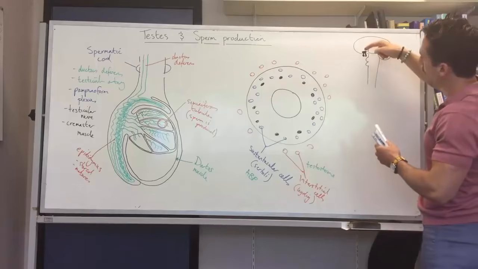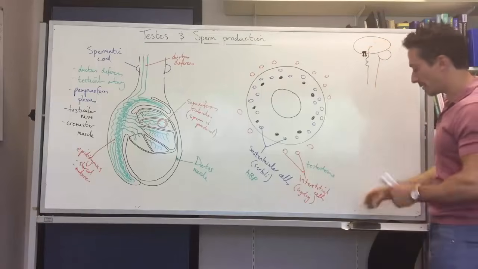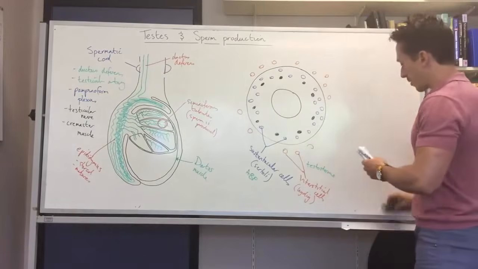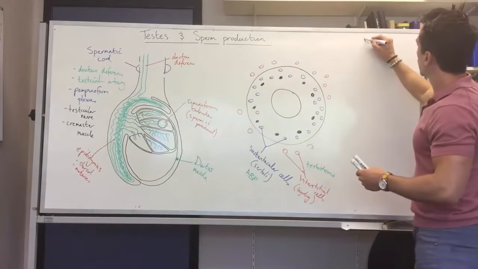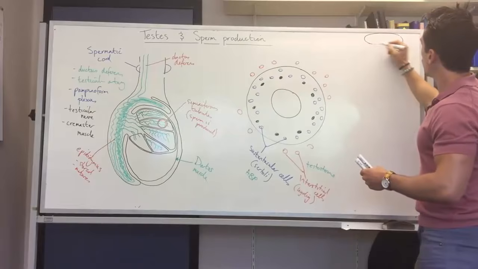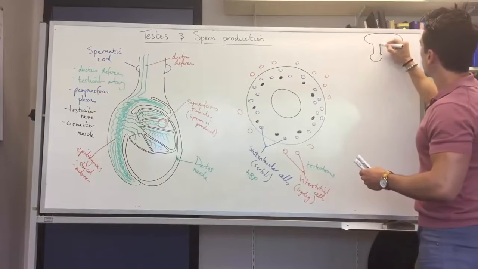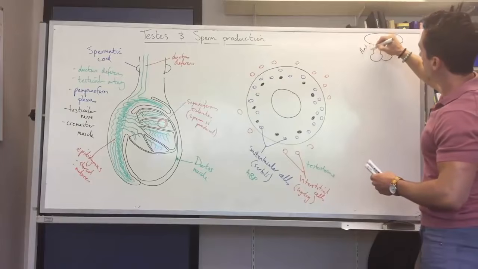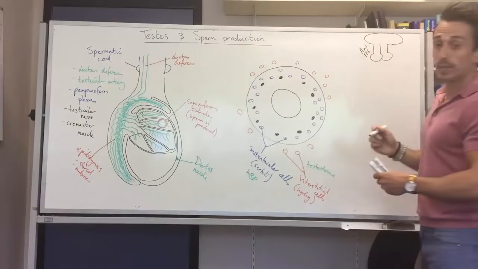Remember that the hypothalamus and the anterior pituitary gland are very important when it comes to sperm production. So if we were to draw the hypothalamus up here, here's the hypothalamus. Let's say that this one on this side is the anterior pituitary gland.